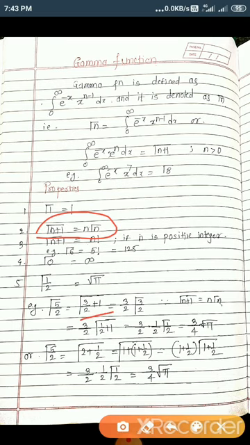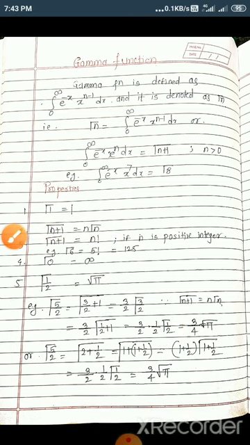Similarly, use the same property again, and 3 by 2 is expressed as 1 half plus 1, so we get 1 half into gamma half, and gamma half is root pi by property number 5. So we get 3 by 4 root pi.